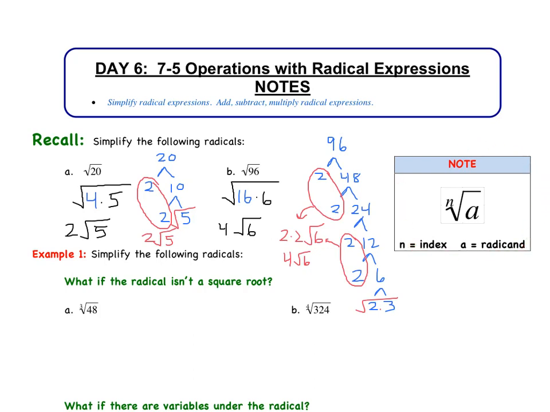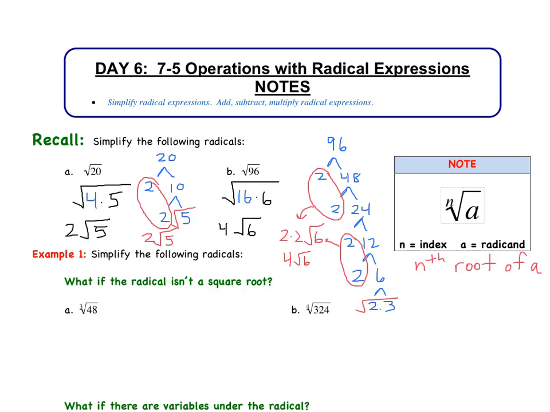We have the nth root of a, where n represents the index, a smaller number really close to the radical, and a is known as the radicand. It's the value underneath the radical.